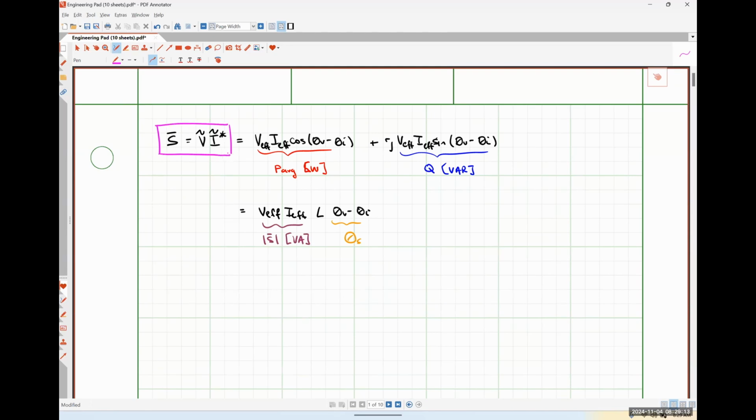Because if you set your calculator to give you the answer in rectangular form, it's giving you average power and reactive power. If you set your calculator to give you the answer in polar form, it's directly giving you apparent power and power factor angle. So all of those equations are nice and good, but if you know how to use your calculator and you can remember what the constituent parts of complex power are, they are entirely unnecessary.